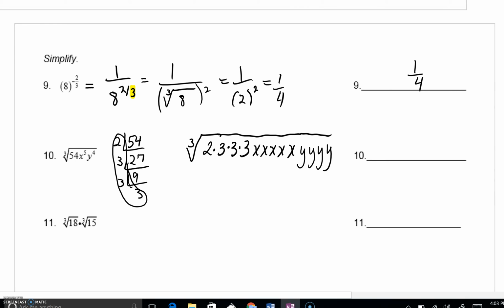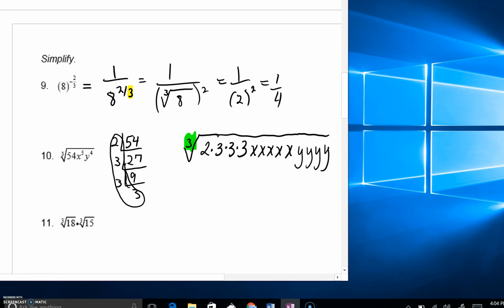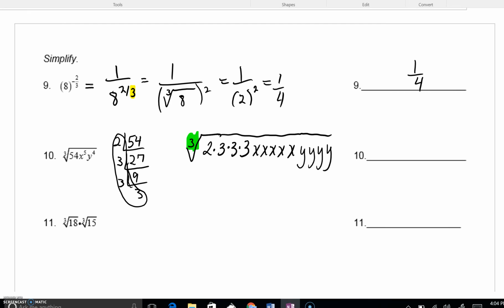But super important for us to realize this index, this cube root, is really telling us that if we want to take something out of the radical, we need to have 3 of the same item. So we're going to look for groups of 3.